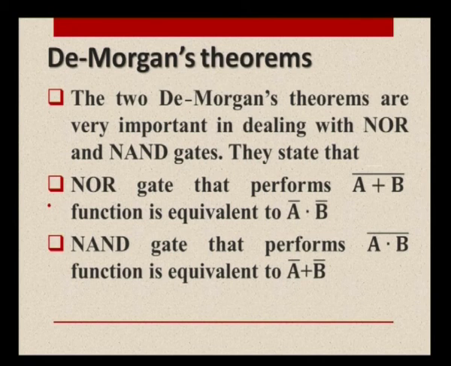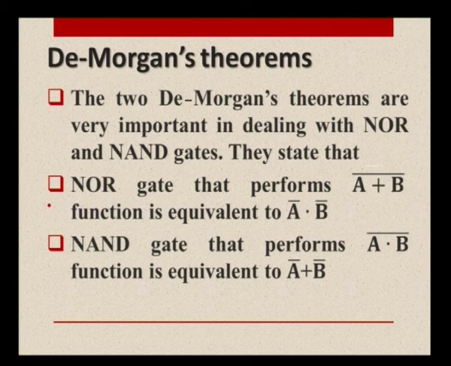In Boolean algebra, we will be using mainly two theorems. We have lots of theorems, but these are the fundamental theorems. They are called De Morgan's theorems. The two De Morgan's theorems are very important in dealing with NOR and NAND gates.